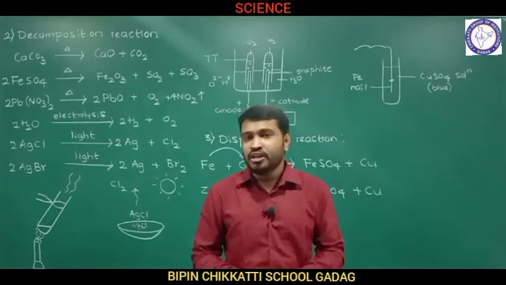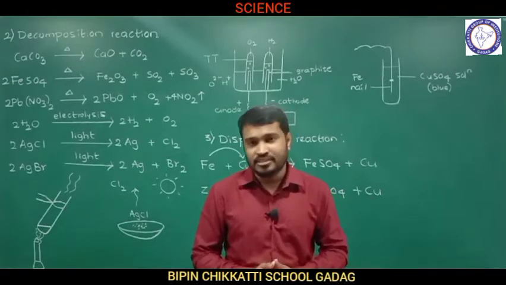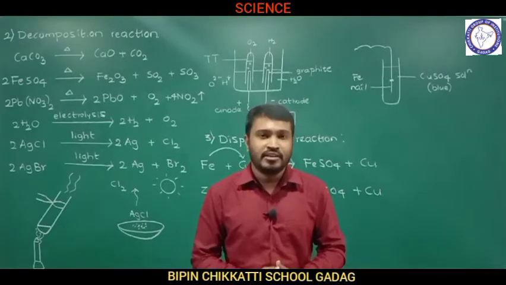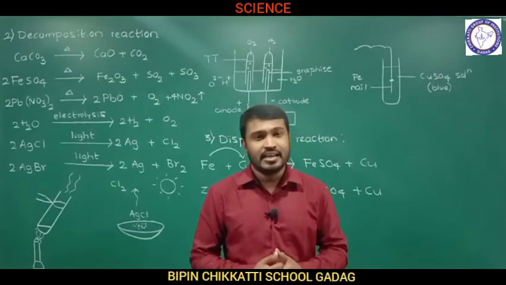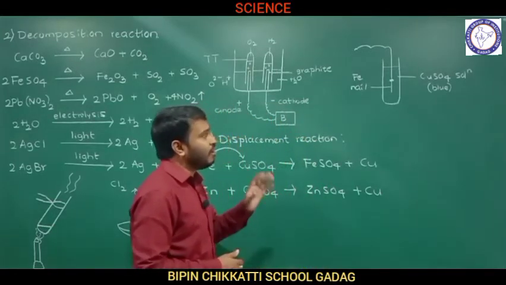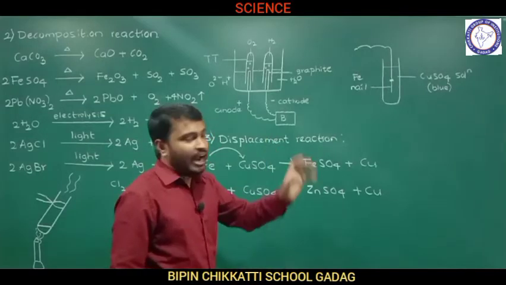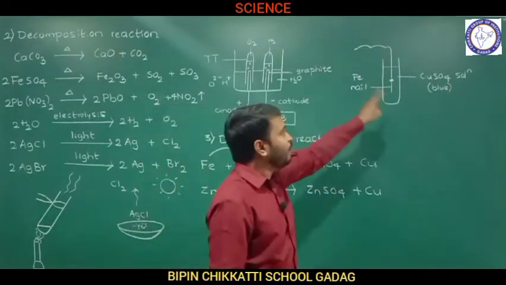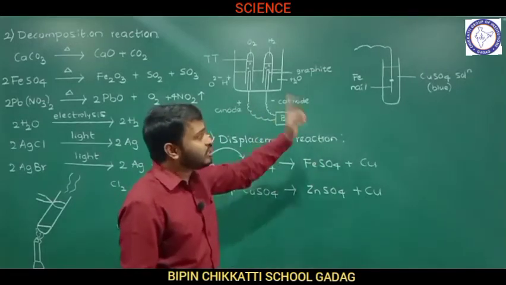And again the question arises, how can we guess the reactivity of elements? That you are going to study in some other chapter, metals and non-metals, and there we are going to discuss the activity series. In that case, we will see how to identify the activity of elements. But right now remember, the more reactive element displaces the other, and when you compare iron and copper, iron is more reactive than copper, therefore iron is going to displace copper.